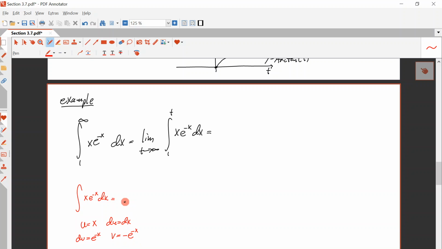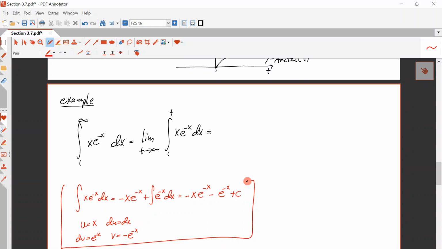Alright, so we got u times v, minus x e to the minus x, plus the integral of v du. So minus x e to the minus x plus the antiderivative of e to the minus x. So this is equal to minus x e to the minus x, and then the antiderivative of e to the minus x again is minus e to the minus x plus c.